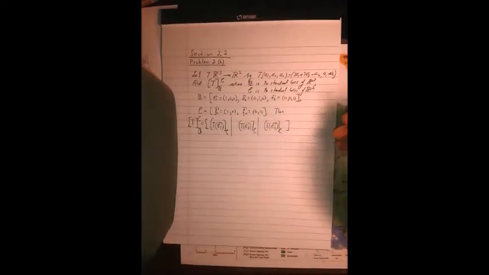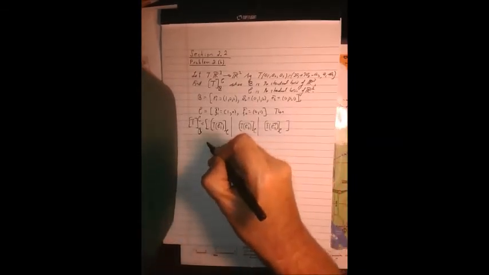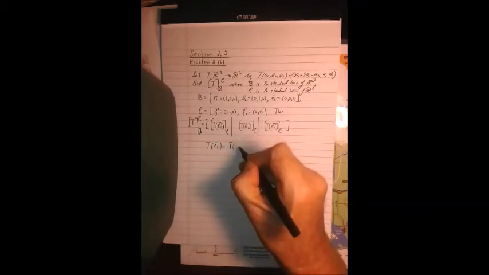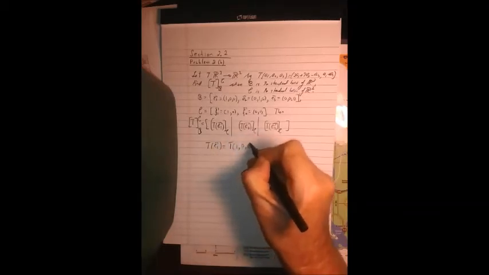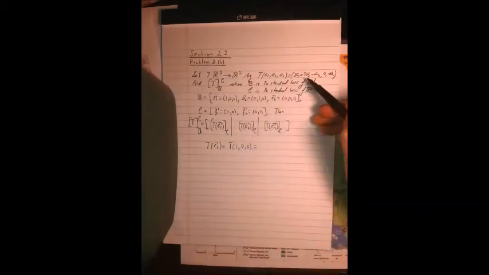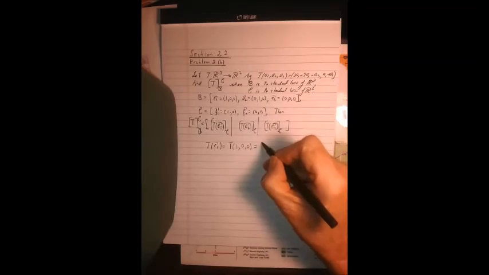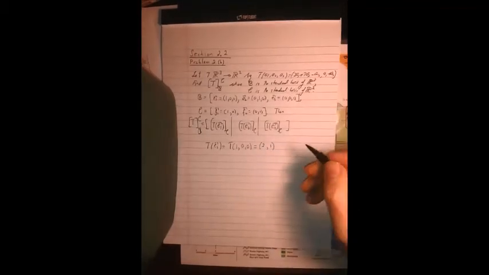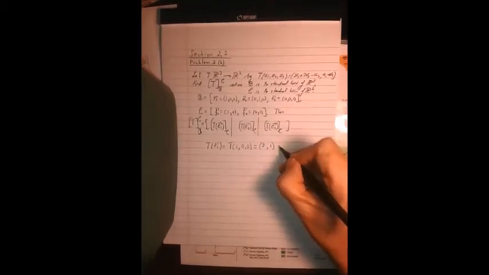Okay, so first of all we work out T of e1, which is T of (1, 0, 0). So in the formula up here we put a1 equal to 1, a2 equal to 0, and a3 equal to 0, and we obtain the vector (2, 1). Now this is easy to write in terms of the standard basis.